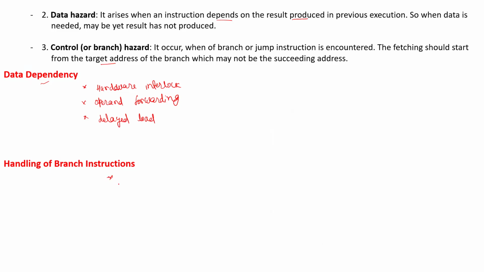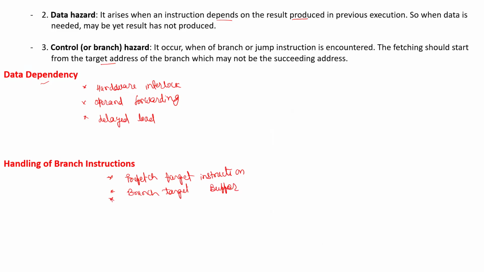Whereas in the case of handling branch instructions, different computers have different ways. Like we have prefetch, where fetching takes place beforehand. Prefetch the target instruction where the branch is going to occur, so that we can avoid the control hazards. Next, we can have the branch target buffer, a buffer that is a temporary storage.